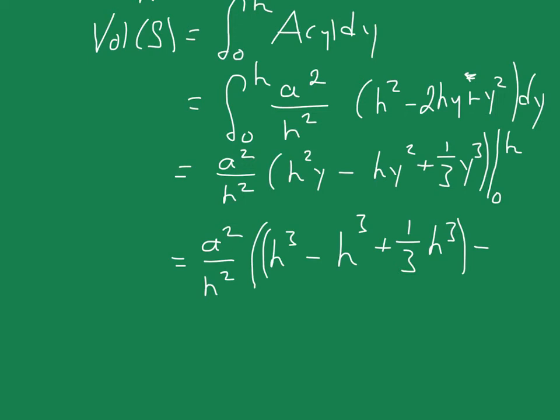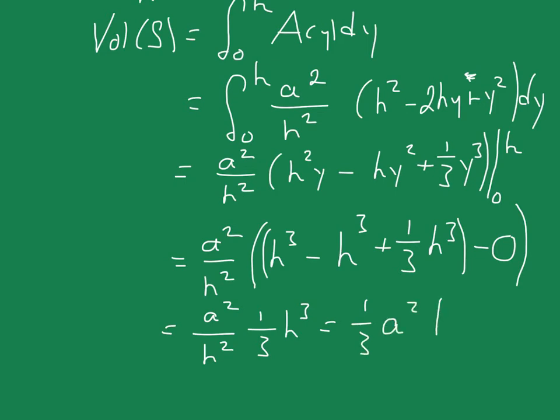Well, we get 0 in each of the terms, so we just get 0. So this is a squared over h squared. The h cubed minus h cubed is 0, and we have just 1/3 h cubed. And canceling those h's, we have 1/3 a squared times h.